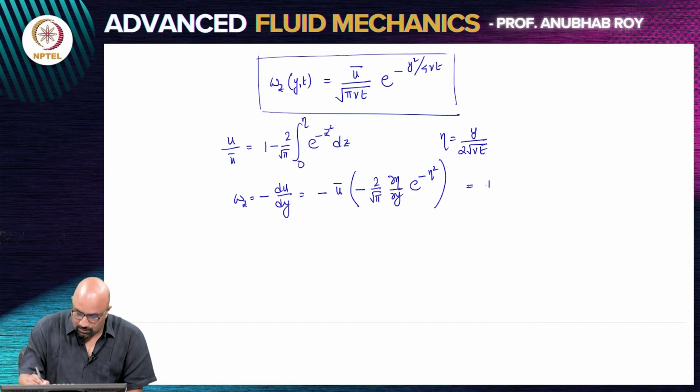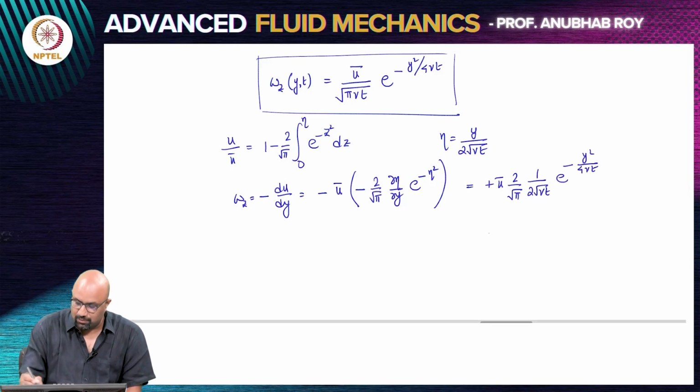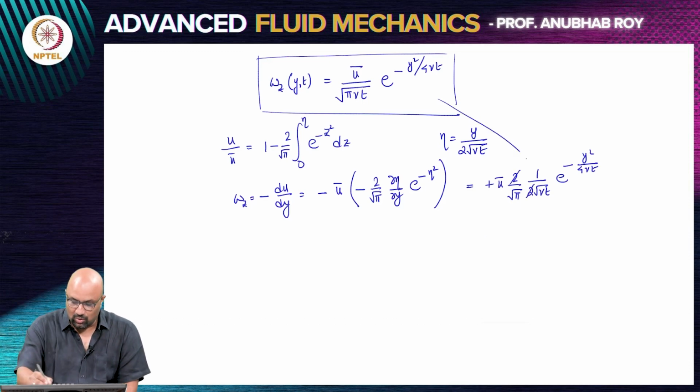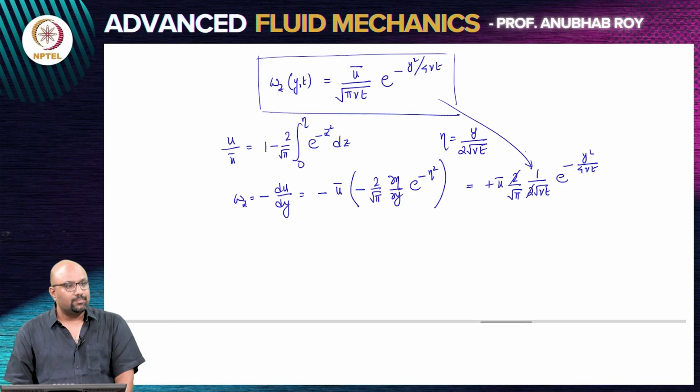So if you work this out, you will have 2 by root pi d eta dy is 1 by 2 root nu t exponential of minus y square by 4 nu t. So 2 and 2 are going to cancel out and you will get the same solution.